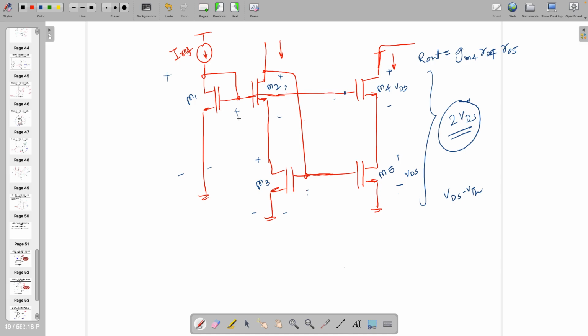If this one is 2 VDS, then from here to here it is 2 VDS plus VTH, and how to distribute that? You have to distribute it, right? This is also 2 VDS plus VTH, and this is also 2 VDS plus VTH. For the rest of them, tell me what the voltages are here. Two voltages I am looking for.